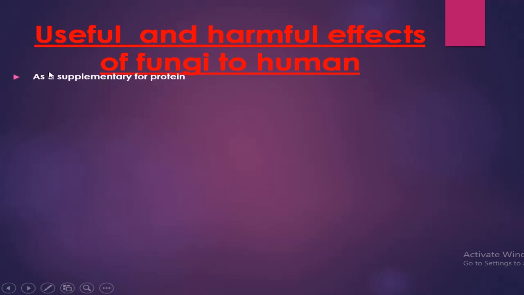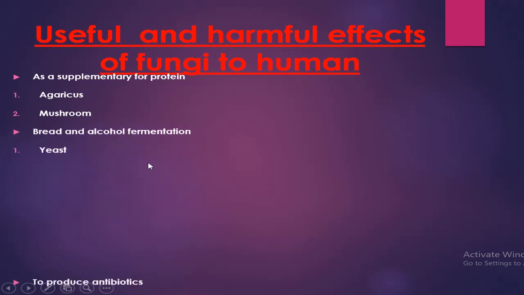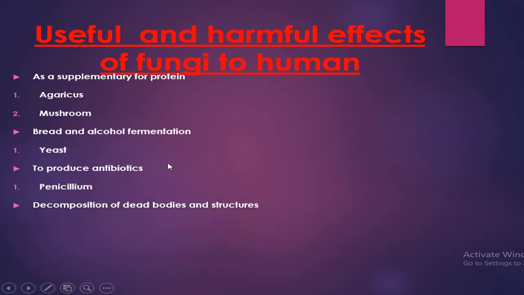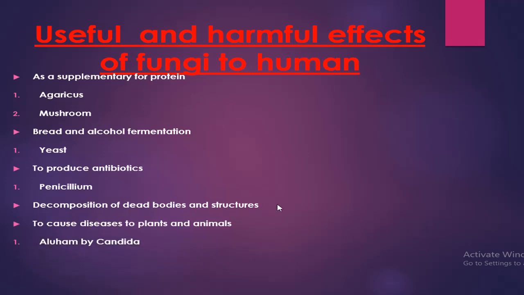First, as a supplement for protein. Examples are Agaricus and mushrooms. Next, bread and alcohol fermentation. Yeast is the example for this. To produce antibiotics, Penicillium is the example. Next, decomposition of dead bodies and structures, and causing diseases to plants and animals.